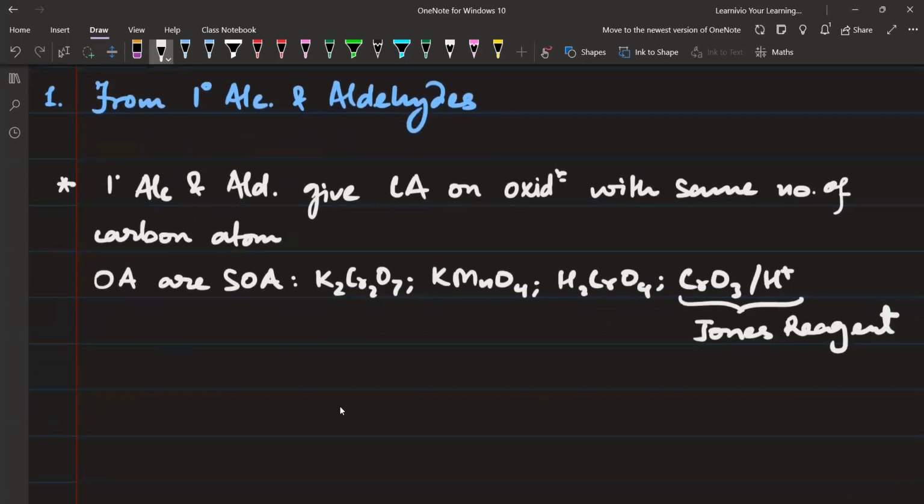Then if you are going to use only CrO3, it will not work, but if you are going to use CrO3 plus H plus, then only it is going to get converted to carboxylic acid.